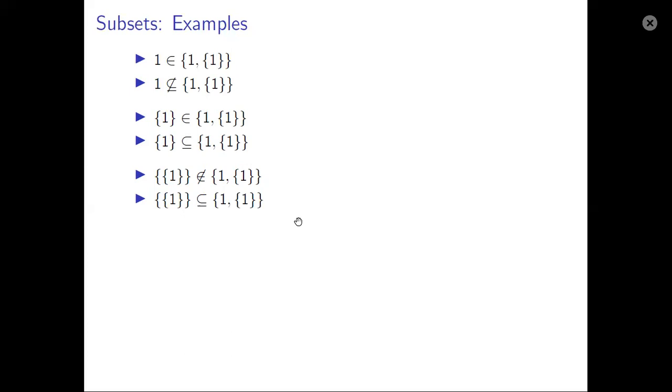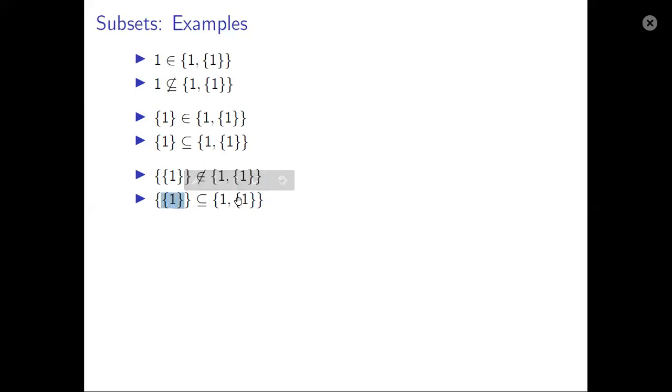Now, however, this, again, the set whose only element is a set, whose only element is the number 1, is a subset of the set on the right. And that's because if you take this element here and you put it into a set, you get this. Or in other words, every element of this set, there's only one such element, which is this, right?